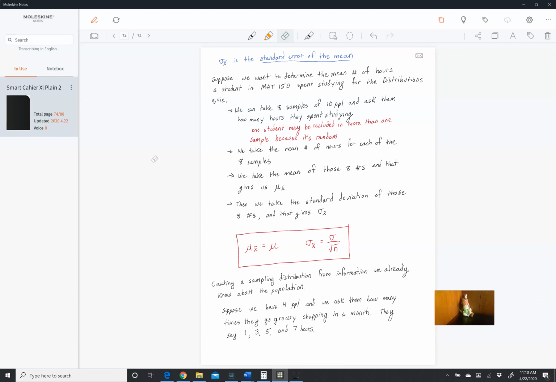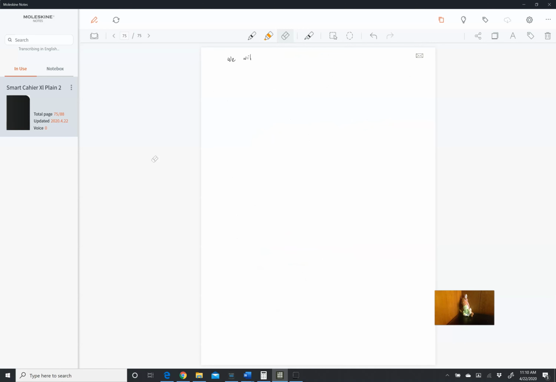So we're going to use the sample size of 2. Your sample size could be anything. Obviously, the larger the sample size, the better. But I don't want to overwhelm you with too many numbers. So we're using small numbers.